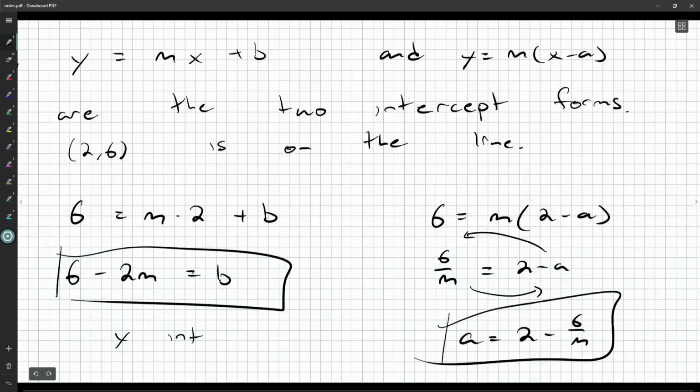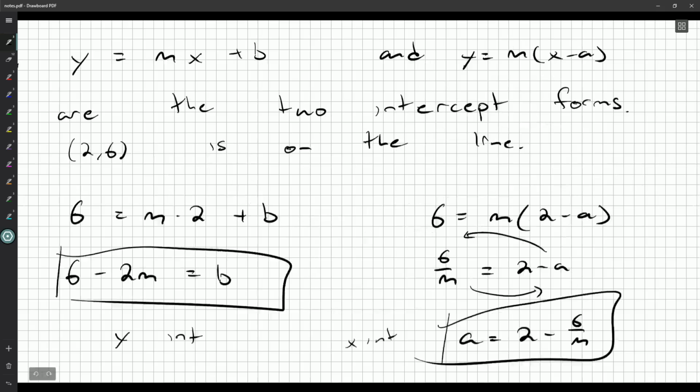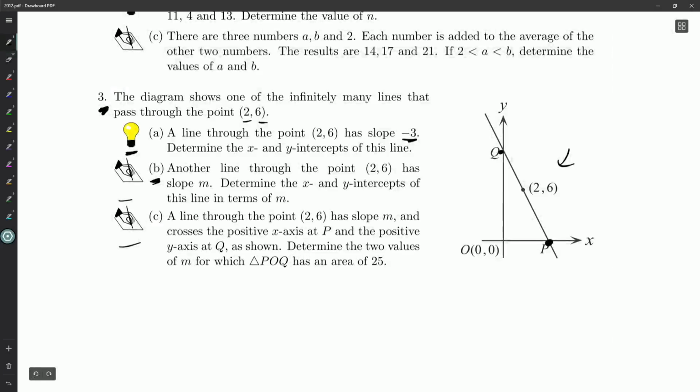And that should work just fine for the x-intercept. And if you want to, well, hey, we worked these out in the last part of the question. We could double check. Is the x-intercept 4 when you have -3? 2 minus 6 over -3. 6 over -3 would be -2. 2 minus -2 is 4. Yeah, it all works out. All right, so there we go. Didn't have to show too much work. It wasn't a really difficult question, but there we go.